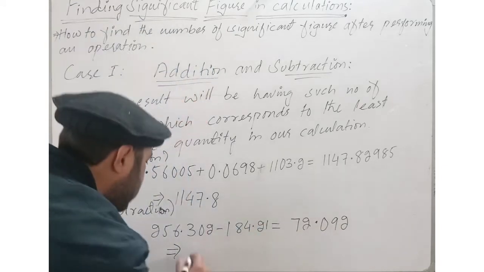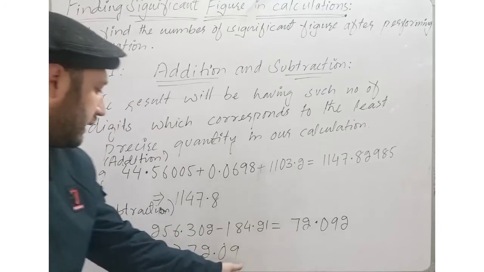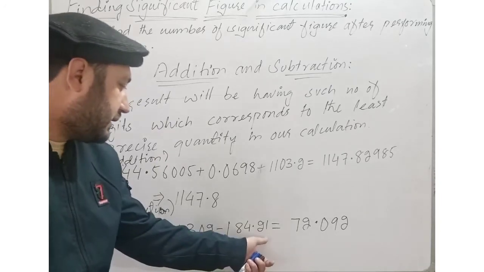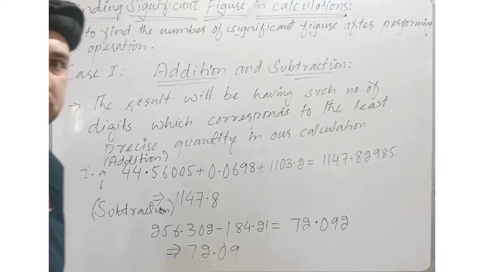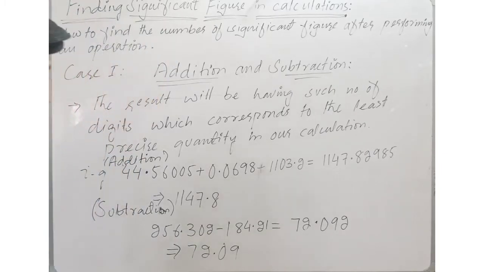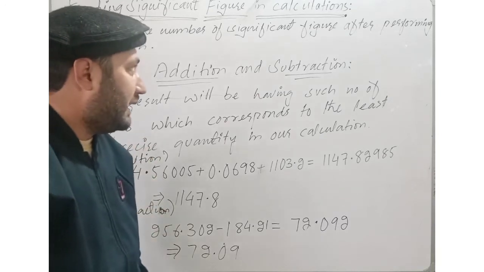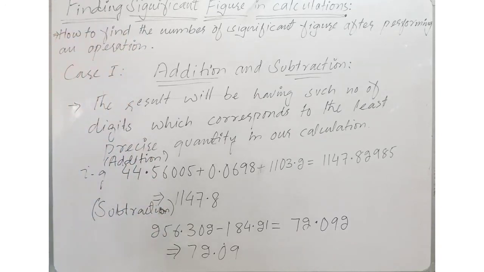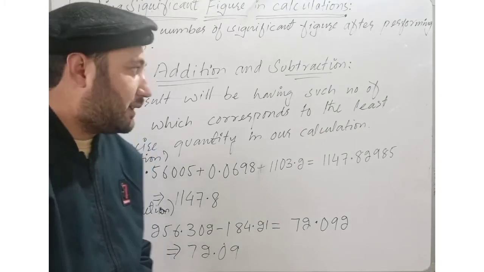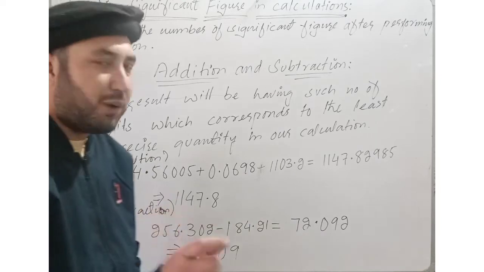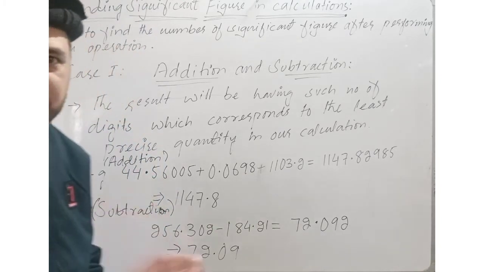So we can write it 72.09, because this will be as precise as this value, right, having 2 digits after the decimal point. So this is all about addition and subtraction, like how many significant figures will be there in the result. For that you have to look at the least precise quantity in our calculation, right? So the result will have that much precision.